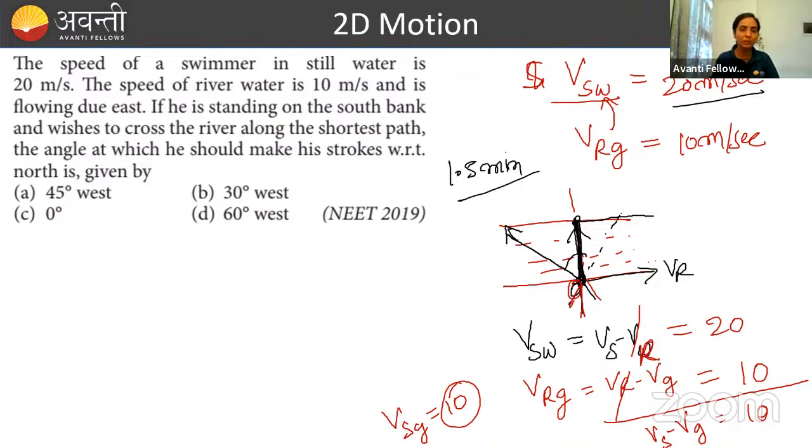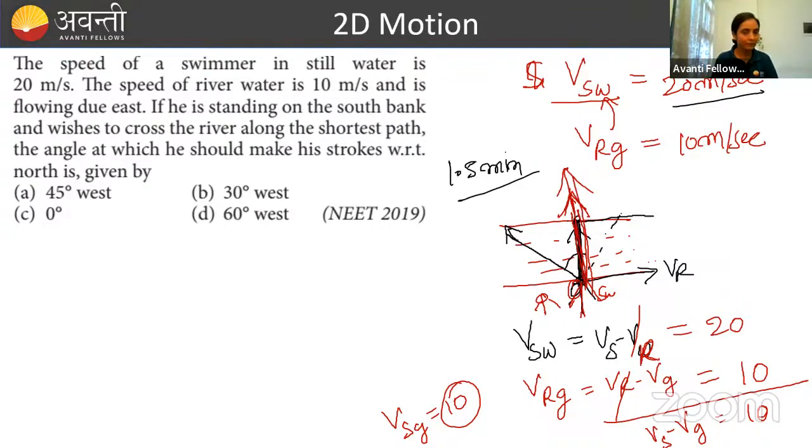So अगर suppose कर लो ये swimmer है and there is a friend of swimmer just standing here on the bank, ठीक है? He or she is at rest. So if he or she sees swimmer crossing the river along the shortest path, he or she will see swimmer going in this straight line, है ना?